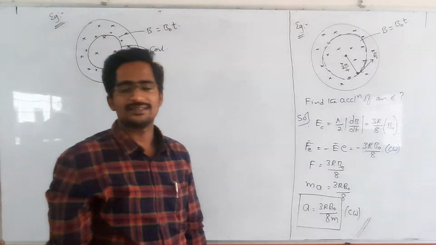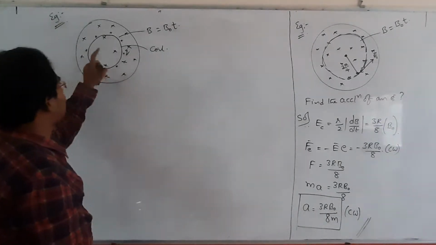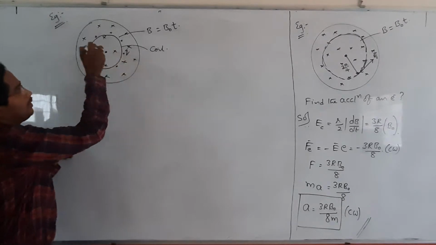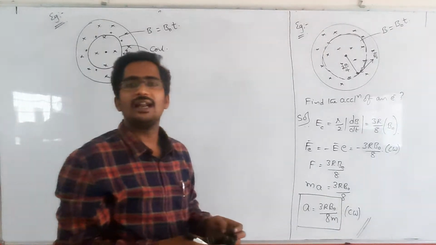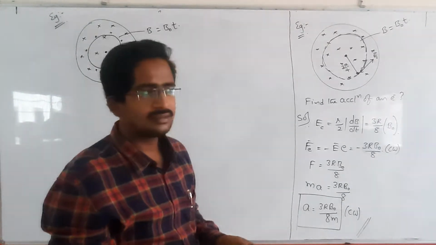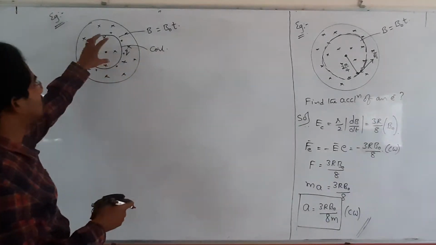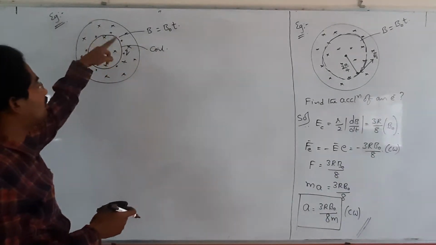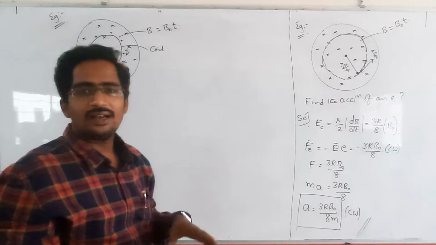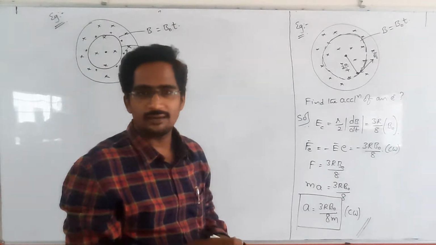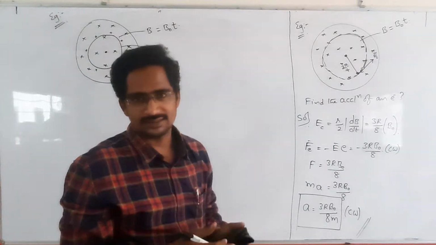Now the question is, with this coil placed here, what is the angular acceleration of the coil? Because once you place this coil here, it is going to rotate. The coil will rotate about its center with some acceleration.